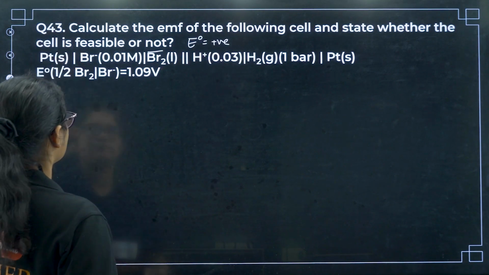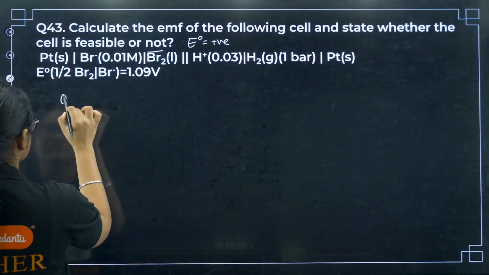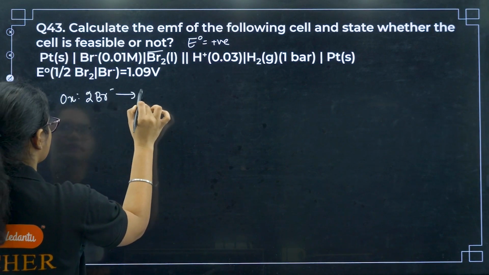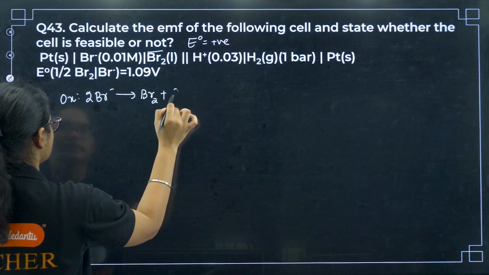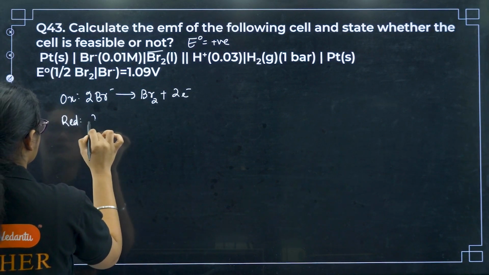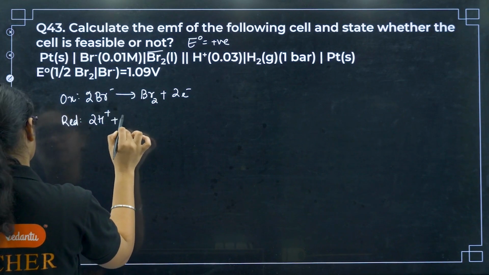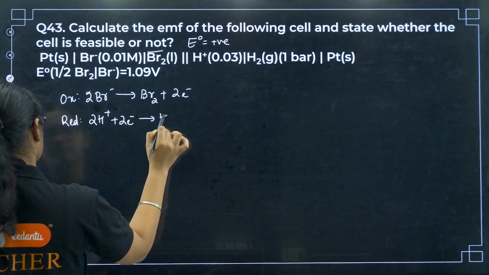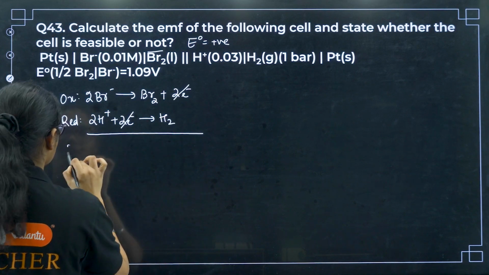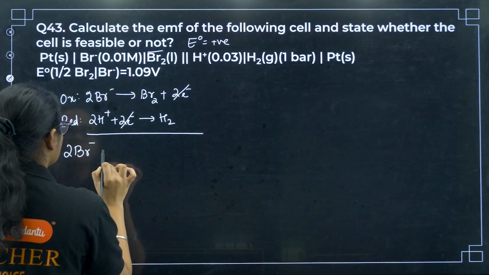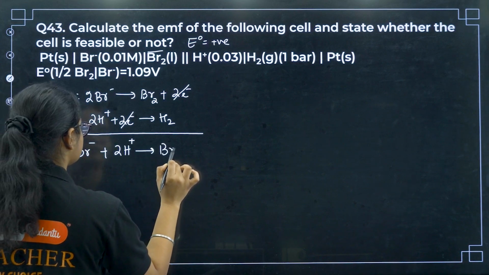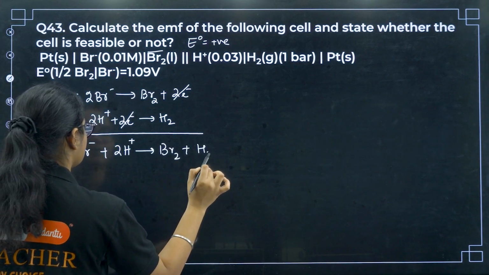Here Br minus is undergoing oxidation: Br minus gives Br2 by losing 2 electrons, and then reduction: 2H plus plus 2 electrons will give you H2. Now if I add this, what I will get? 2Br minus plus 2H plus gives Br2 plus H2.